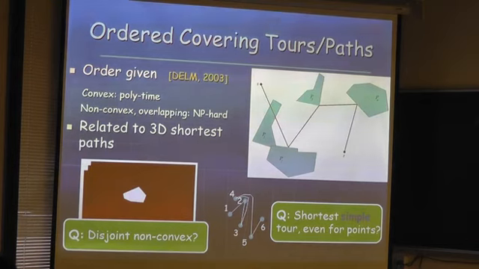TSP on points is hard, but we think of it as being hard because there's n factorial different orders to visit the points. Here I'm giving you the order, but I'm going to insist on simplicity. In the TSP problem, I don't give you the order, but you know that the optimal order is such that there's no crossings, because triangle inequality implies that.